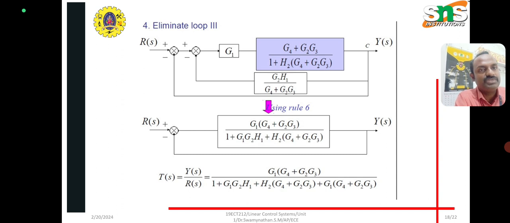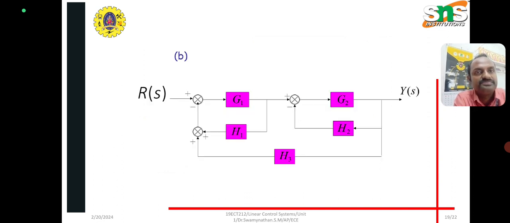Remember the rule is G divided by 1 plus GH, so instead of G we are using G4 plus G2 G3. Again using rule 6, G divided by 1 plus GH, we reduce to T(S), the transfer function, equal to Y(S) divided by R(S).